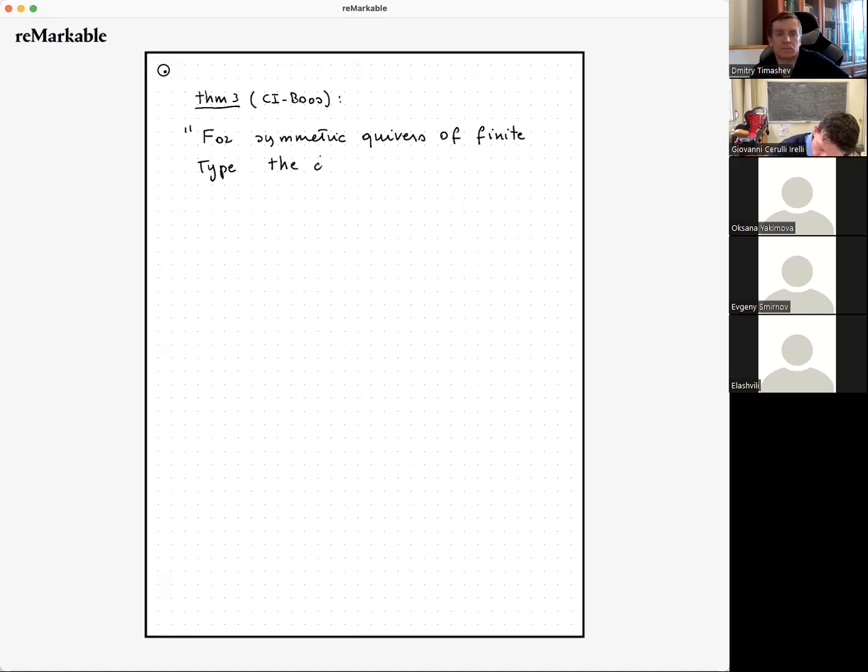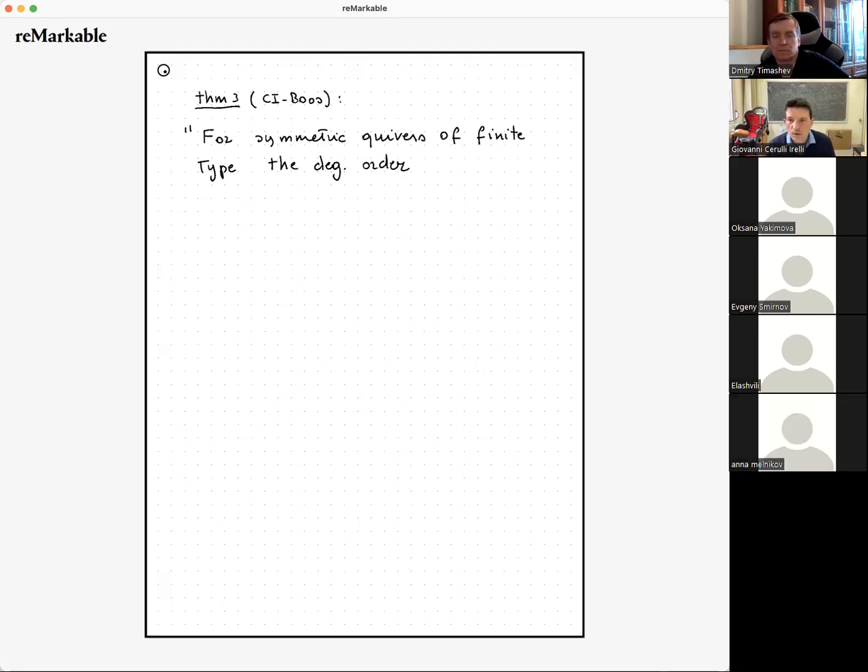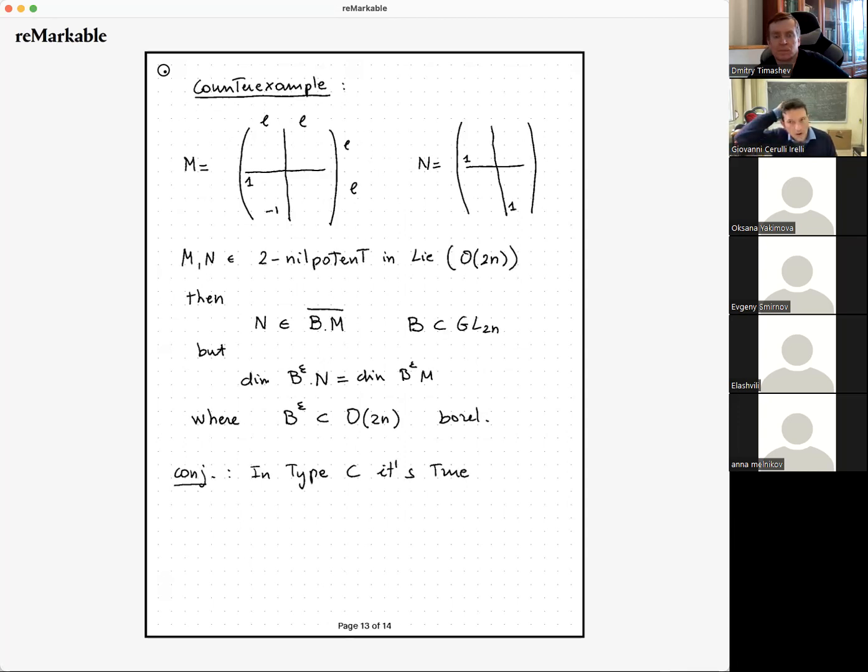The degeneration order. Excuse me? Yes? May I ask you a question about the previous thing? Oh, yeah, sorry. Yes. You said that in the symplectic case, this is defined by GLn, and it is a conjecture.